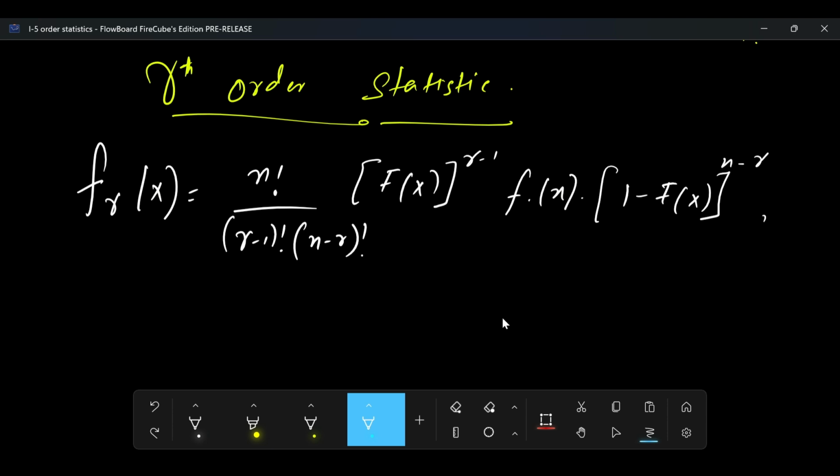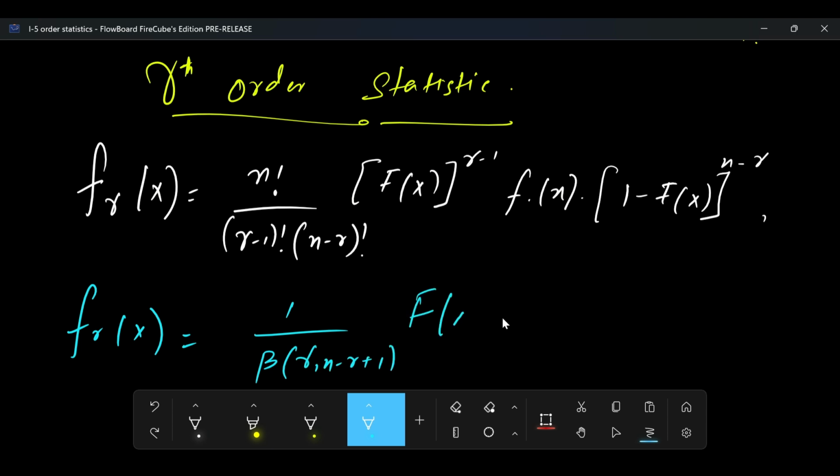So whenever you are trying to find the second order statistic, third order statistic, fourth order statistic, you can use this formula. We saw the PDF and CDF of the first order statistic, and similarly for the nth order statistic, and then we have the formula for the rth order statistic, or we can write this as 1 upon Beta(r, n minus r plus 1) times F(x)^(r-1) f(x) (1 minus F(x))^(n-r).